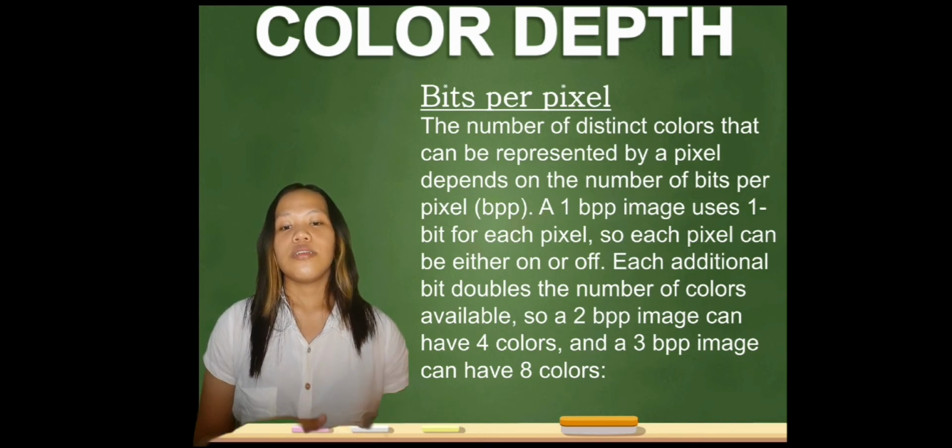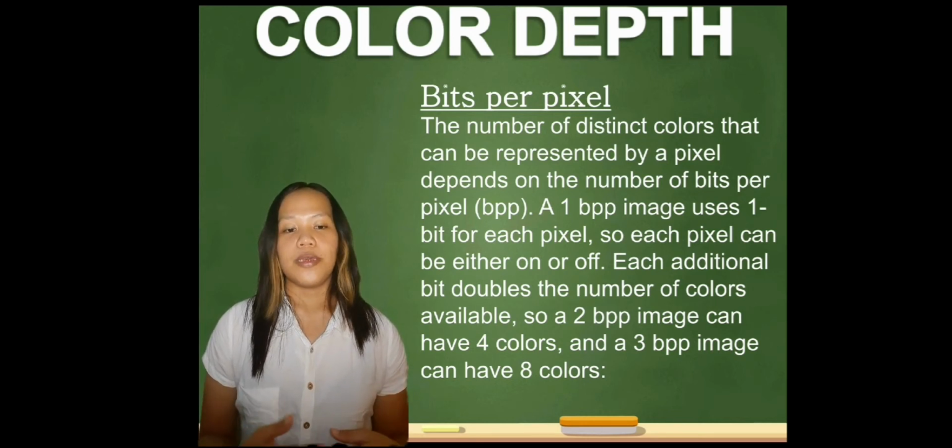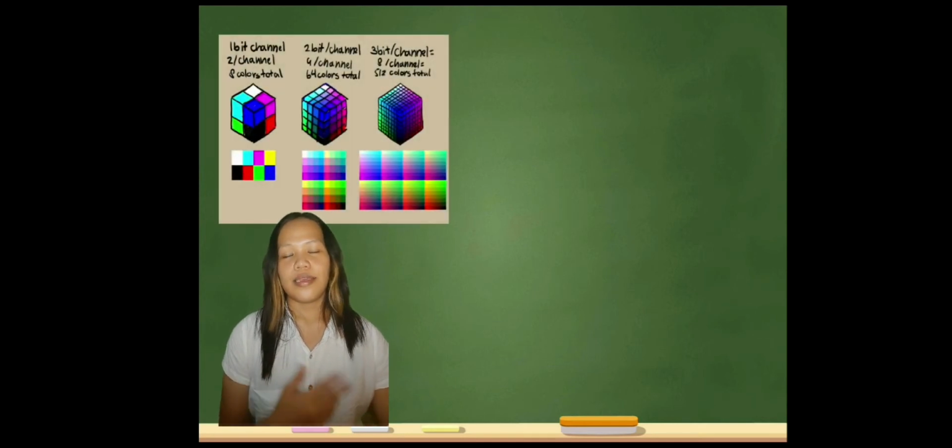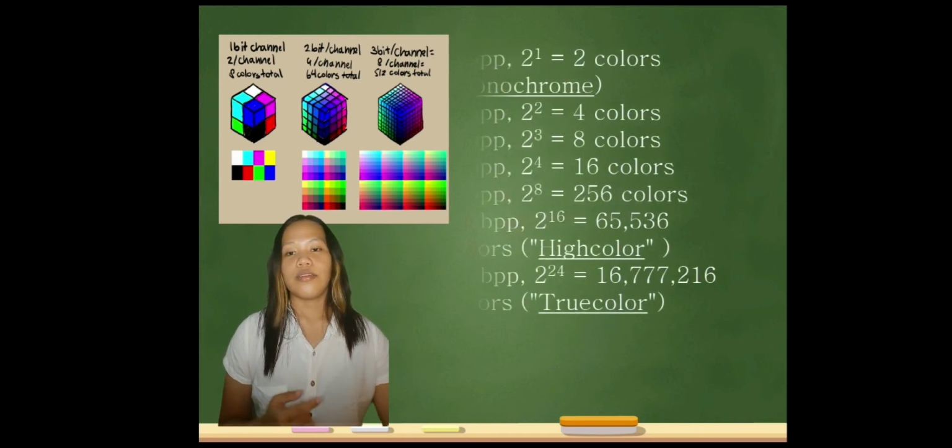Each additional bit doubles the number of colors available, so a 2 BPP image can have 4 colors, and a 3 BPP image can have 8 colors. So here is an example: 2 channels, 8 colors total.